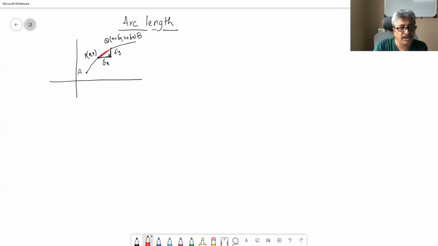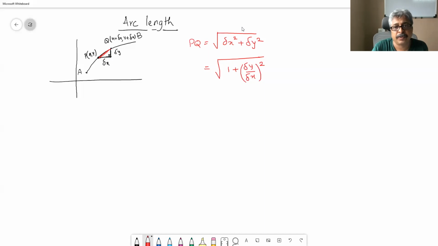So what we can write down is that the distance PQ, that is the length of chord PQ, is equal to radical delta x square plus delta y square, correct, which is equal to delta x times radical 1 plus (delta y upon delta x) whole square.